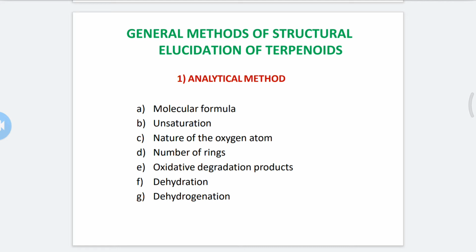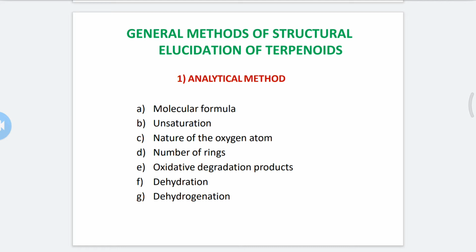In this we discuss molecular formula, unsaturation, nature of oxygen atoms, number of rings, oxidative degradation products, then dehydration and dehydrogenation. In the analytical method, for molecular formula we use qualitative, quantitative and mass analysis.